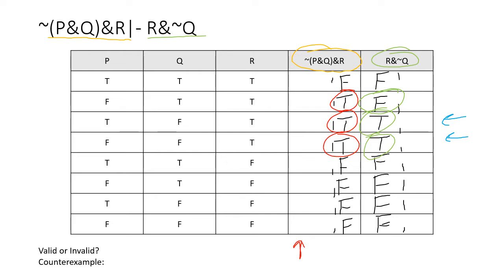You have two that check as valid, and one that checks as invalid. All it takes is one instance in which the premise or premises are all true and the conclusion is false to make it invalid. So this is invalid.